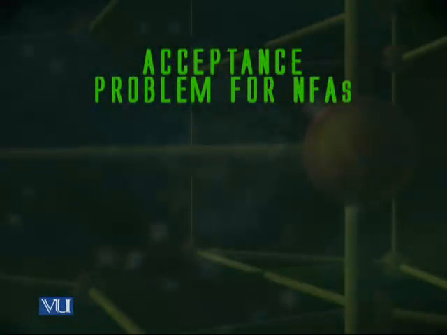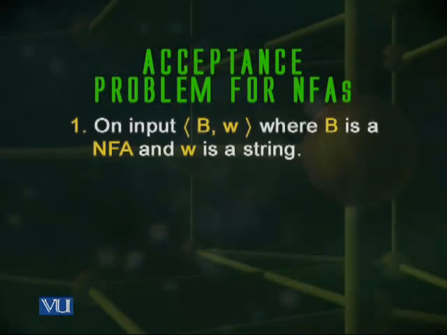Now all you want to know is if this particular string is going to be accepted by this DFA or not. But that's a problem we have already solved. So we can invoke our previous Turing machine as a subroutine and solve this question. Let's look at the description of this Turing machine more precisely. Suppose you have the input <B, w>, where B now is an NFA and w is a string.